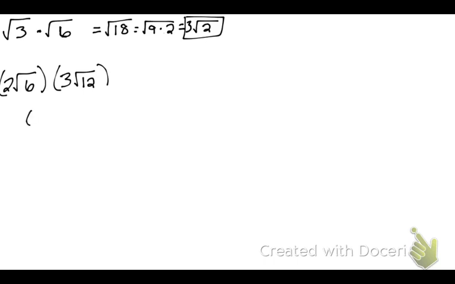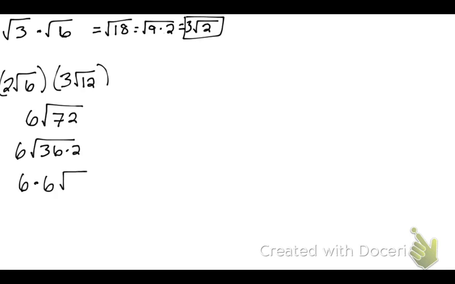Well, this would be 6 times the square root of 72. But since 72 is 36 times 2, that means this would become 6 times 6 times the square root of 2, or 36 square root of 2.